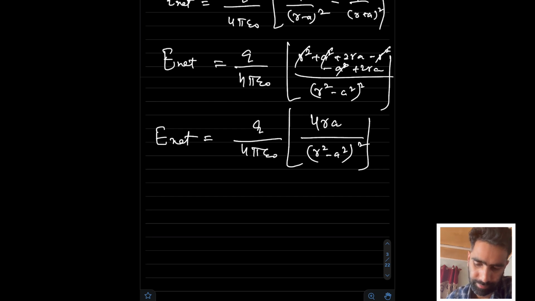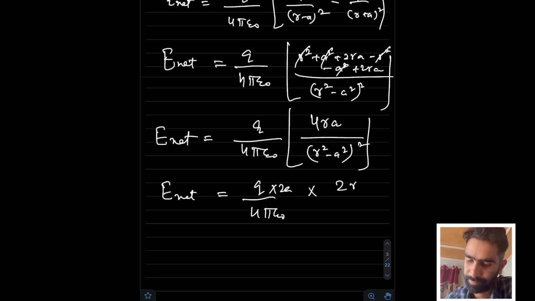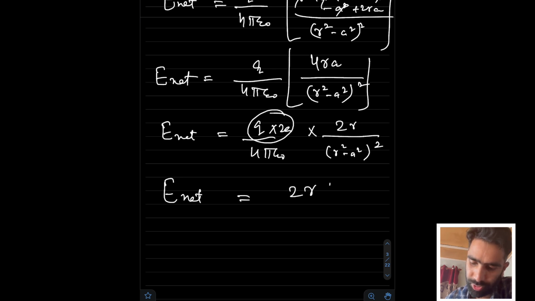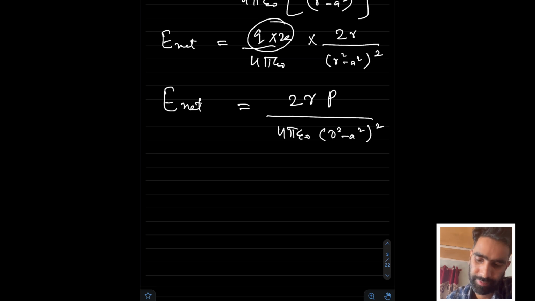Then I can write this expression in terms of the dipole moment: q into 2a divided by 4 pi epsilon naught into, we are left with, 2r over r square minus a square whole square. So q into 2a is the dipole moment, therefore E net will be 2r into p over 4 pi epsilon naught into r square minus a square whole square.